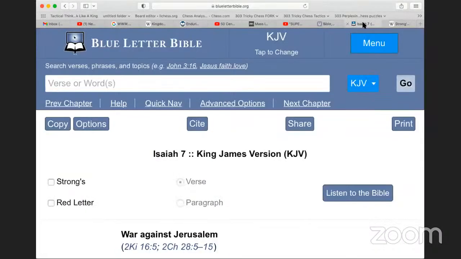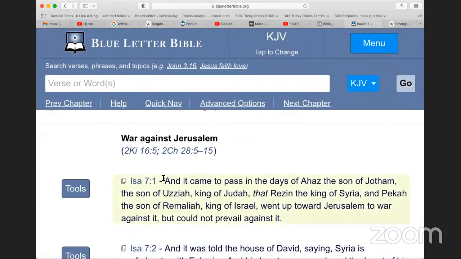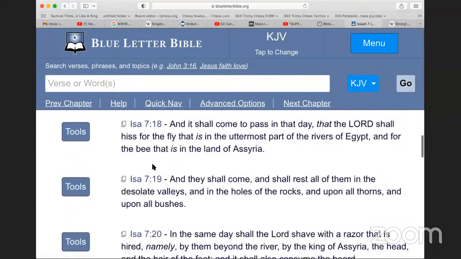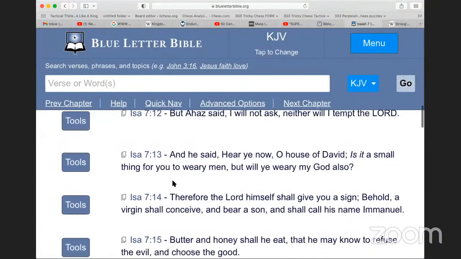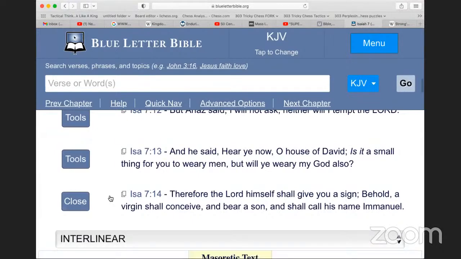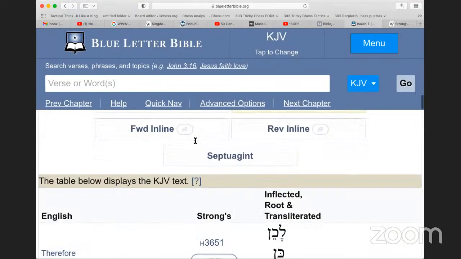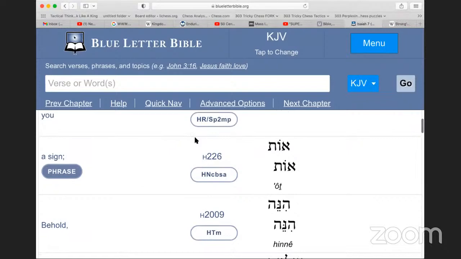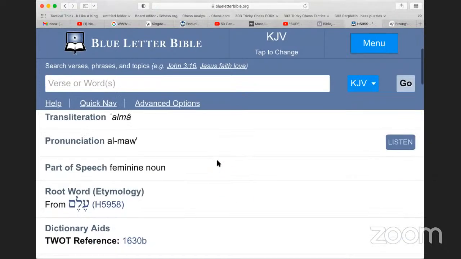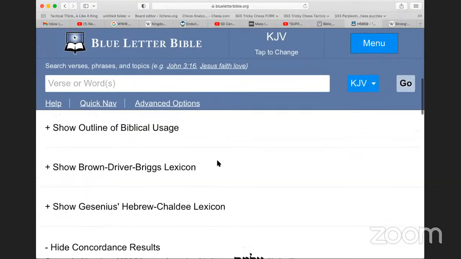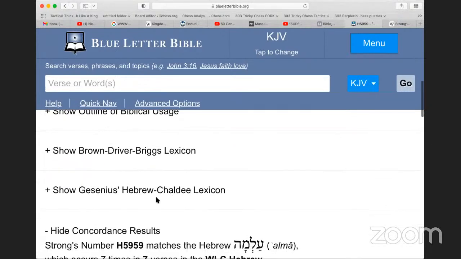Let's see. So we're already here at tools. Let's click on Isaiah 7:14. Let's go to tools, and let's click on virgin. Let's click on something. Virgin. Okay. There you go.